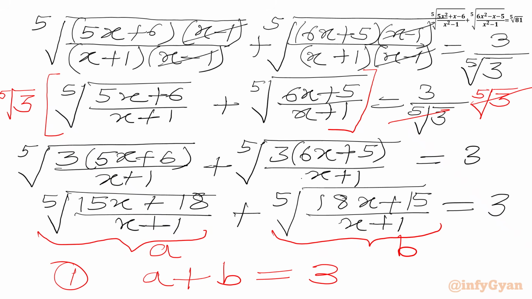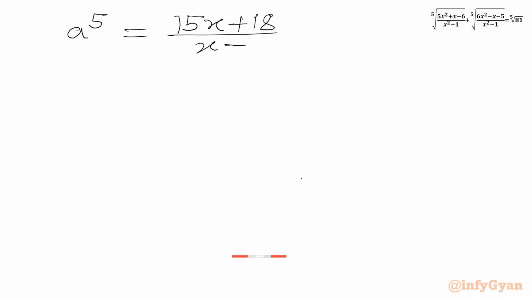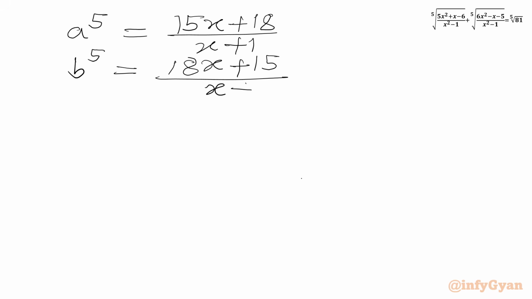Now fifth root of 15x plus 18 over x plus 1 is a. We'll raise power 5 on both sides. So I can write a power 5 will be equal to 15x plus 18 over x plus 1, and we will write b power 5 equal to 18x plus 15 over x plus 1.